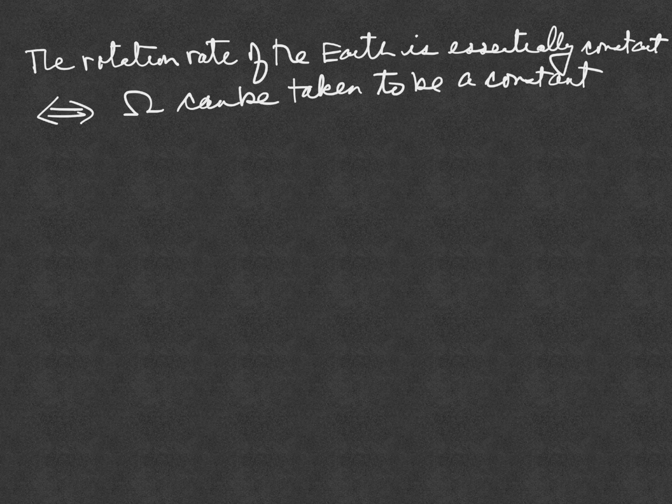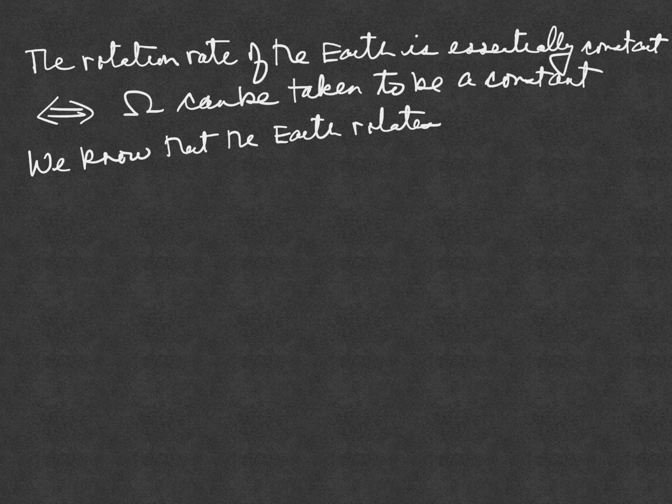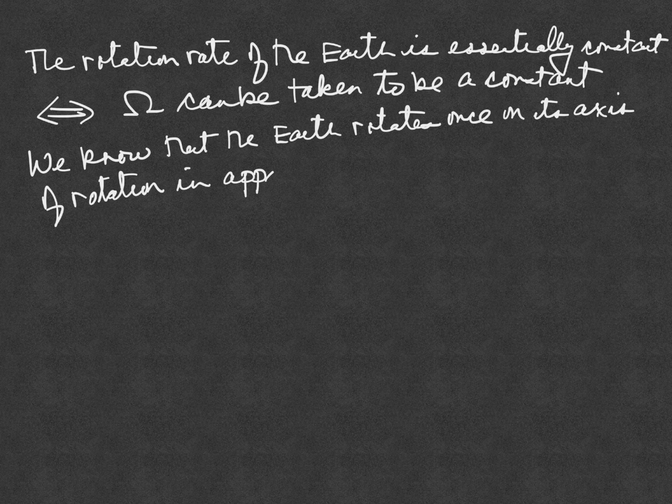Now, this constant is approximately as follows, which is that we know that the Earth rotates once on its axis of rotation in approximately 24 hours.